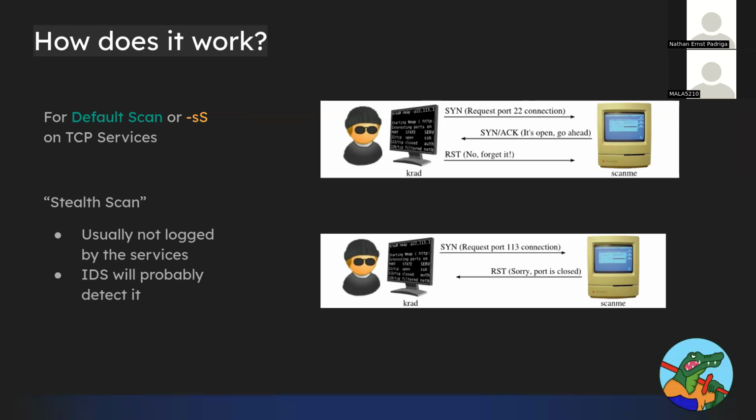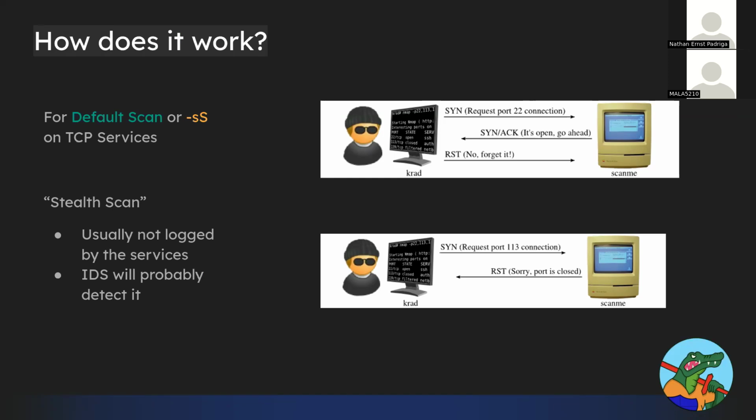But what Nmap does by default, or if you use the SYN scan parameter, is instead of sending a normal third message, it tells the service, hey, ignore this, I'm stopping this connection.